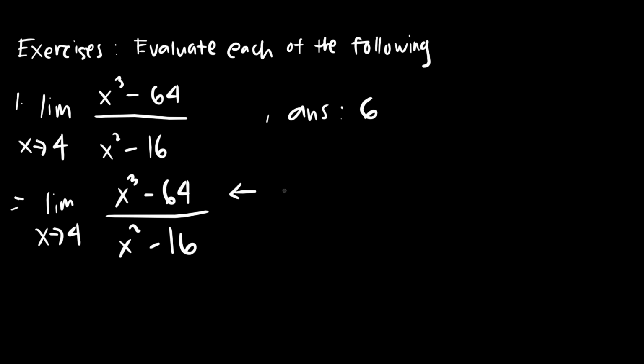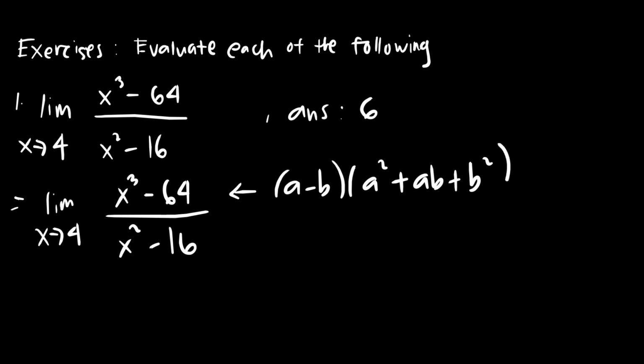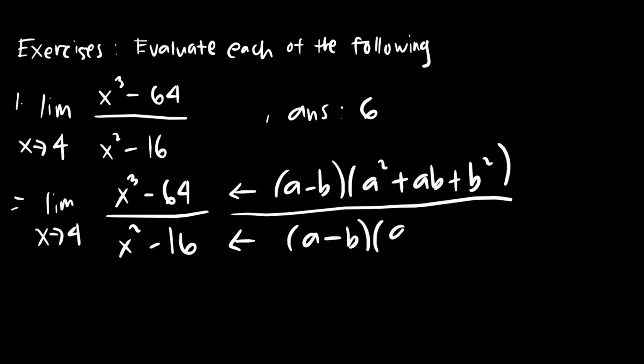In a difference of two cubes, we have a minus b multiplied by a squared plus ab plus b squared. In the denominator it is a difference of two squares, so it must be in factored form: a minus b multiplied by a plus b.